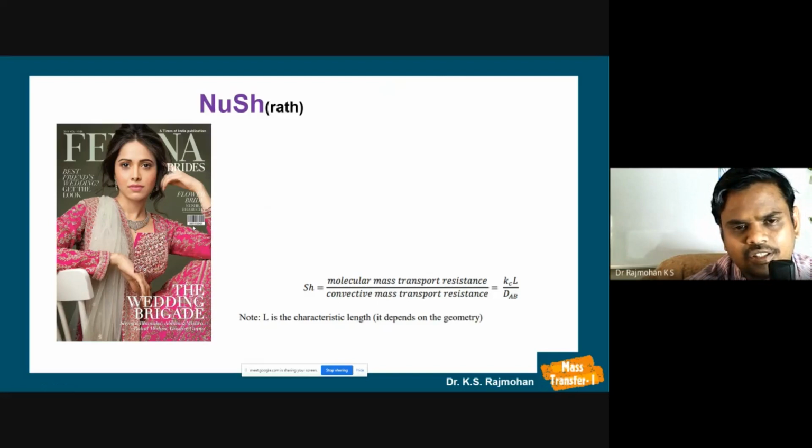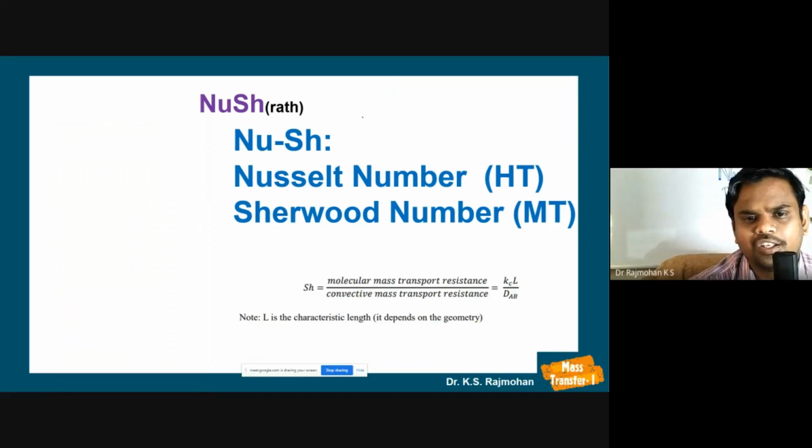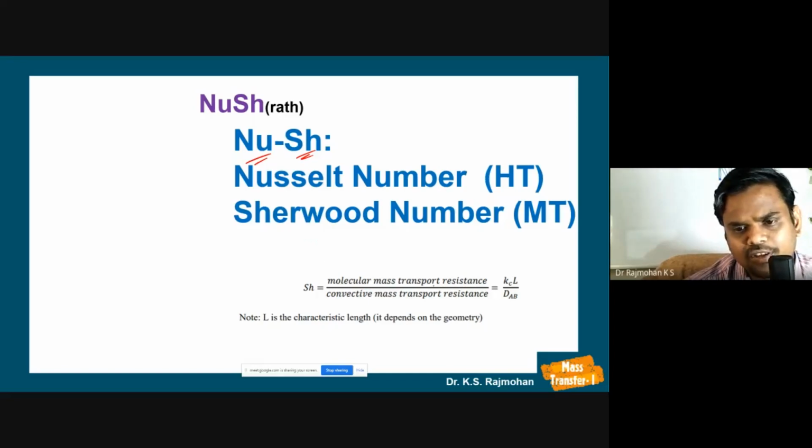What is the heat transfer number and mass transfer number which are relevant? We have the Nusselt number and the Sherwood number. Nu for Nusselt number, Sh for Sherwood number. The Sherwood number in mass transfer is defined as the ratio of molecular mass transport resistance to convective mass transfer resistance.